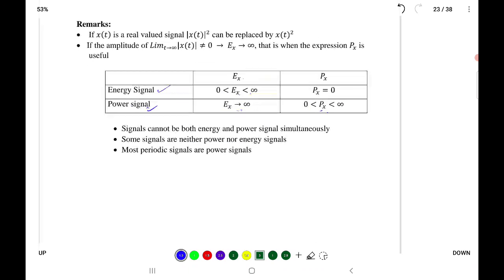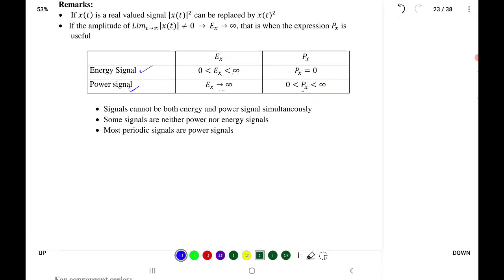Okay, so those are the conditions. You check the energy and see if it's finite; if it is finite, it's an energy signal. If the power is finite, it's a power signal.